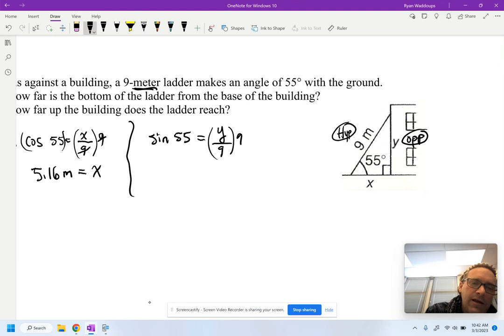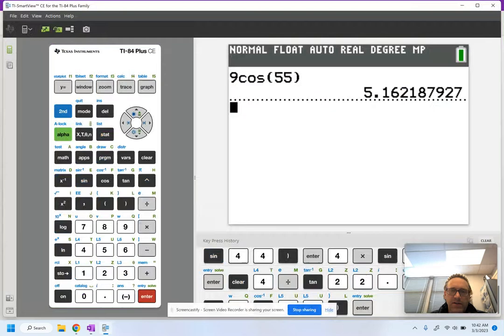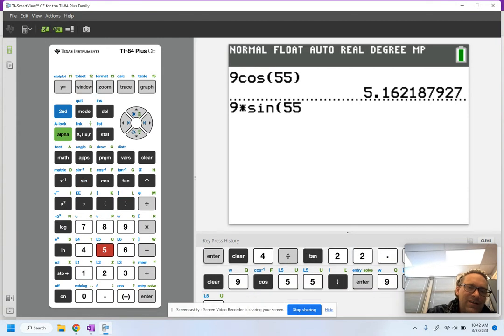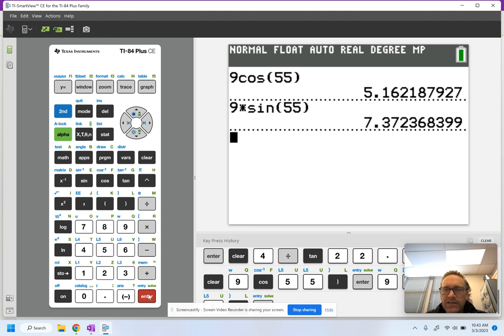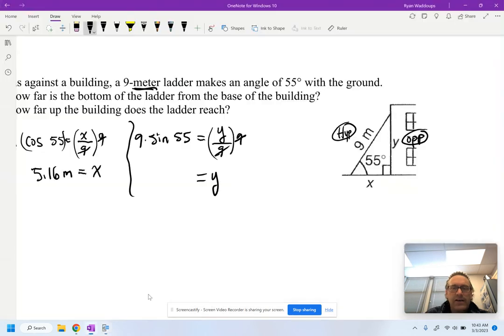Again, I multiply by 9 on both sides. That cancels the 9s, and y is equal to 9 times the sine of 55. It wasn't really necessary to write that times, but it's okay. I hit enter, and I get 7.37. Once again, this is meters.